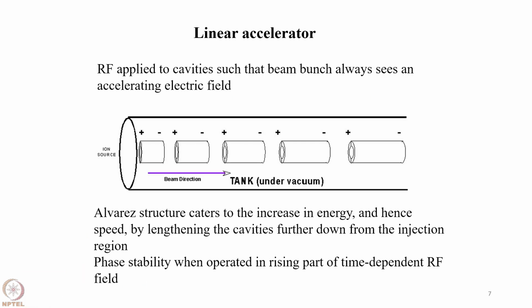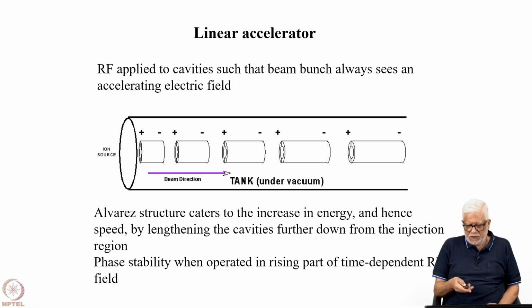In a linear accelerator, you accelerate the particles in a linear fashion. So what happens is that you have a particle, let us say an electron in this case, but you can also have a proton with the opposite phase, then this would be minus, this would be plus, but let us consider the figure as it is.